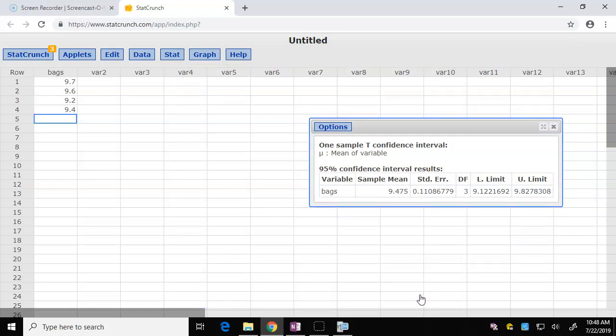Now we have everything that we need. It says your confidence interval should be to the nearest tenth, one decimal place. So what's our lowest limit? 9.1. What is our upper limit? 9.8. So 9.1 and 9.8.